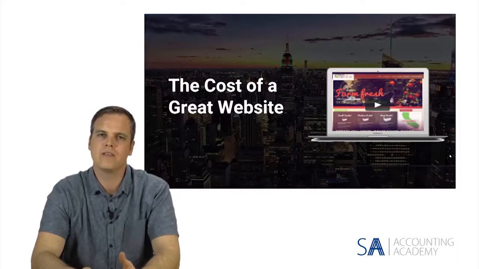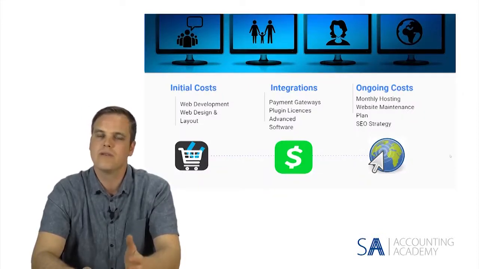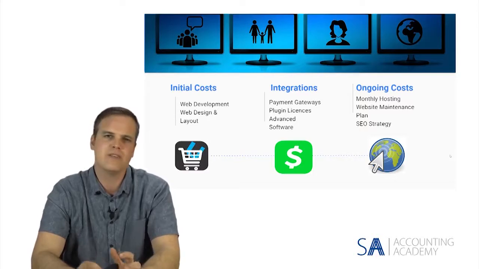Of course, with designing a great website, there are initial and ongoing costs involved. The initial costs, firstly, are the web development and design: getting that developer to spend the labor and time to develop a great website. The second area in the initial stage is integrating different plugins and gateways.